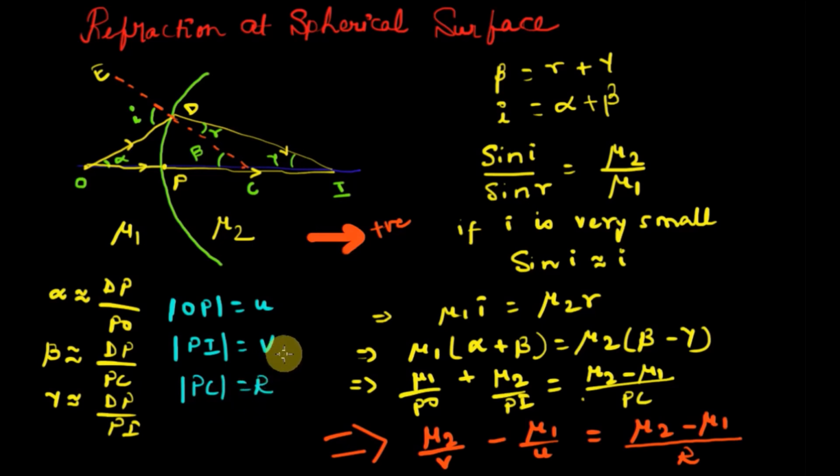If we apply the sign convention here in this equation, we will have mu1 by PO.